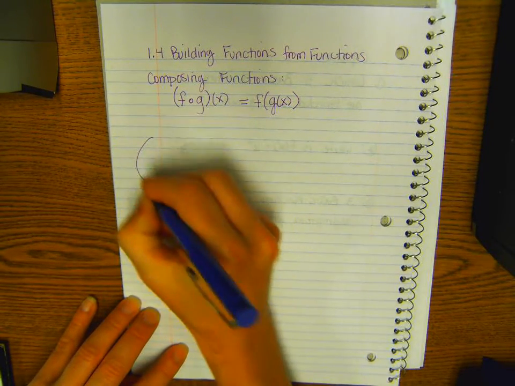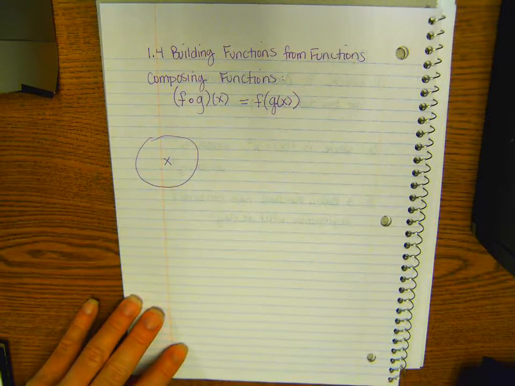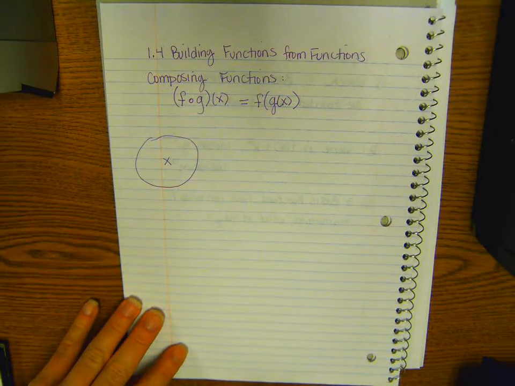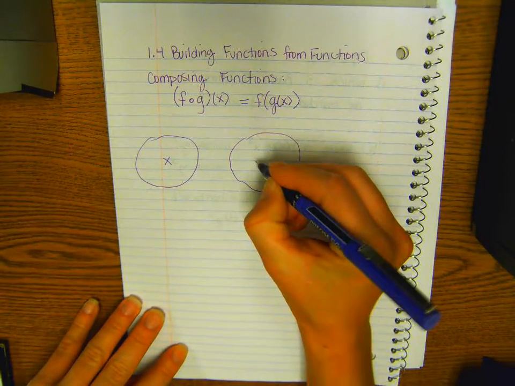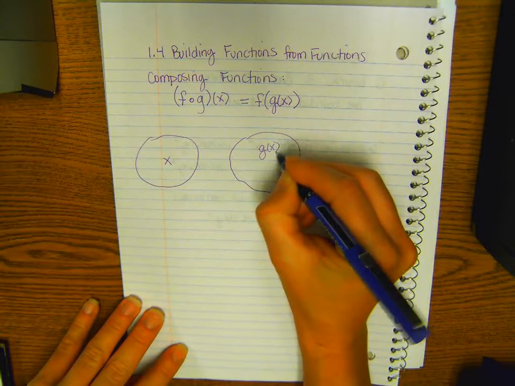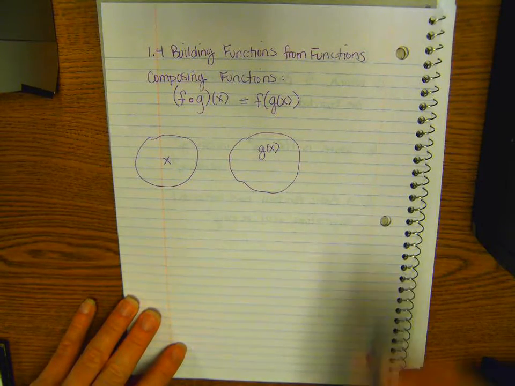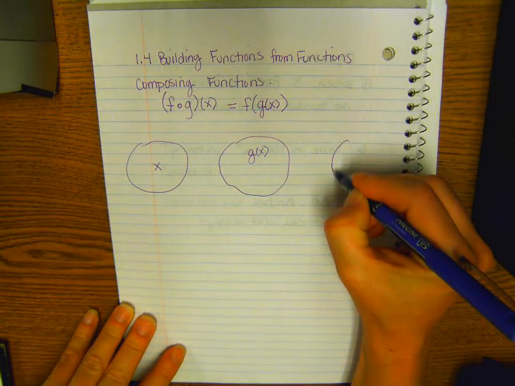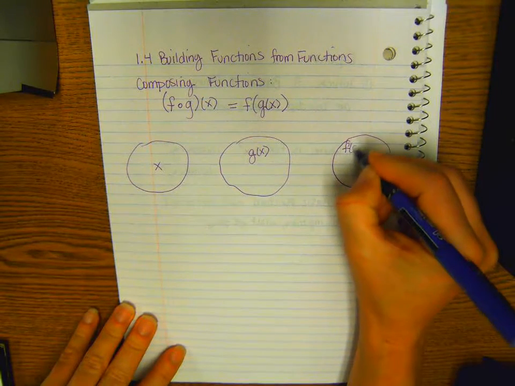Over here, I'm going to have some x values. Over here, I'm going to have a function g of x. And in a second, I'll talk about if that function is something, how it would work. Then over here, I'm going to have f of g of x.